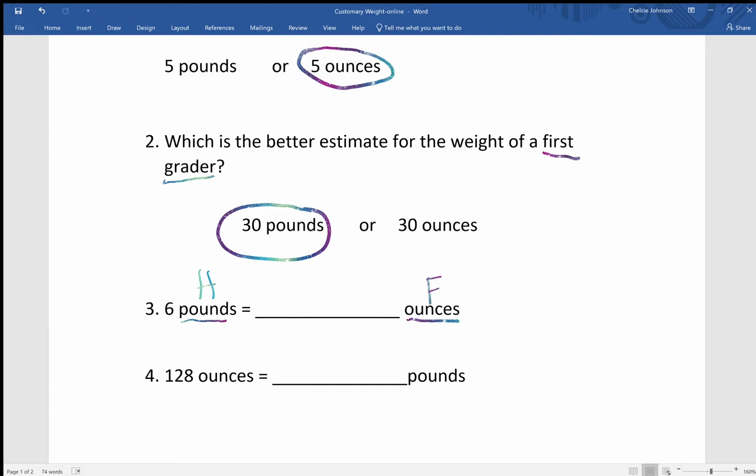So you're going to multiply. You're going to multiply your 6 pounds times your 16 ounces. So I'm going to give you a moment to work that problem out. Please use your scratch paper or side to try to solve this.